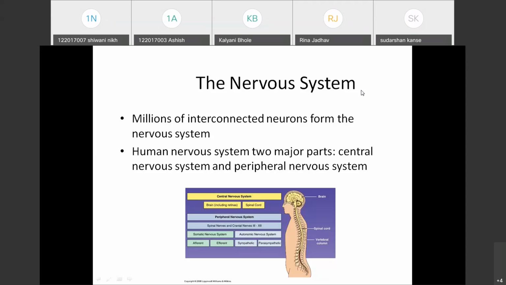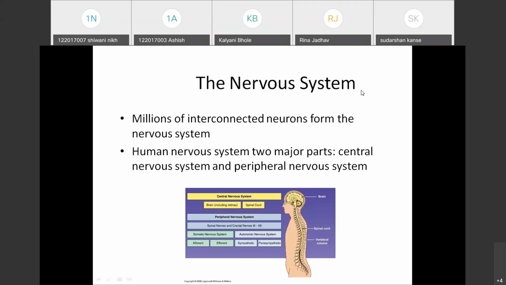One major part is for smaller reflexes, for example touching a hot plate or sneezing, some kind of smaller responses, smaller closed loop controls. In that case, the signal is not directly going to the brain. It only comes to the spinal cord, and the action is taken via the spinal cord only.